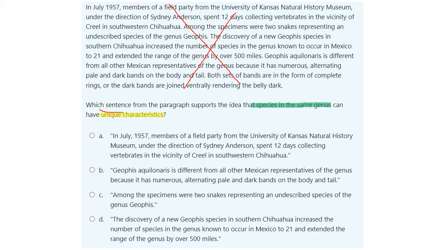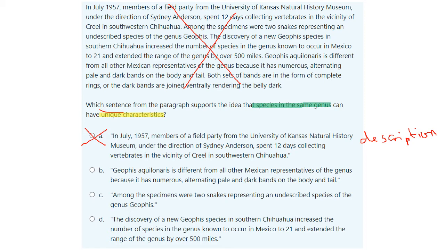So A, in July 1957, members of the field party from the University of Kansas Natural History Museum, under the direction of Sidney Anderson, spent 12 days collecting vertebrates in the vicinity of Creel in southwest Chihuahua. So they collected vertebrates. This is a description. We don't have anything about the same genus, and we don't have anything about different characteristics. This is just a description of what they did. This does not support or reject the suggestion.